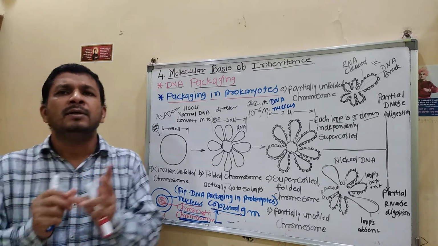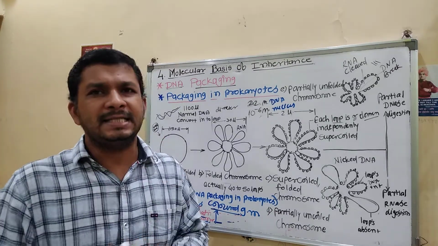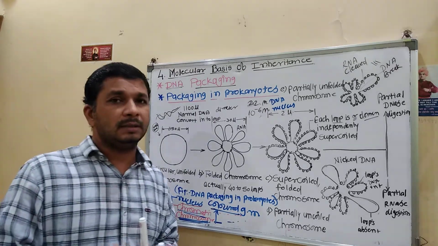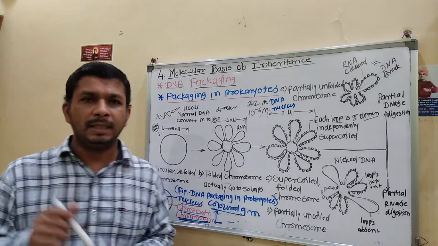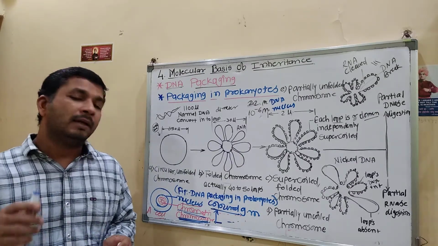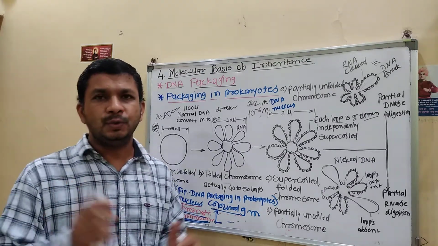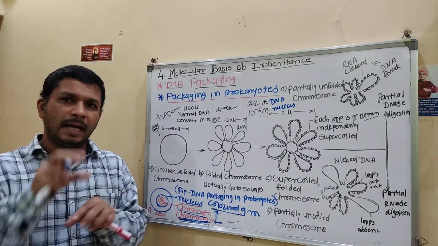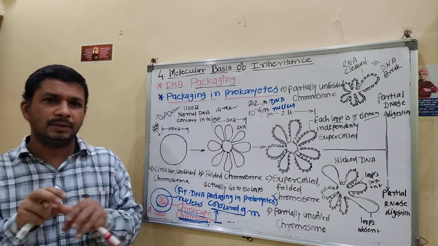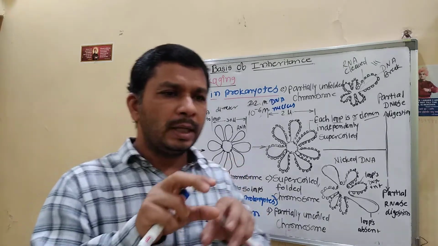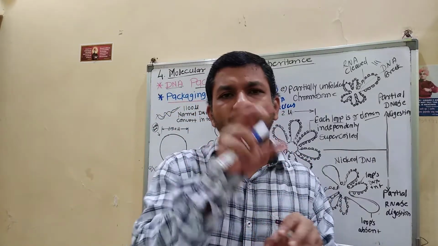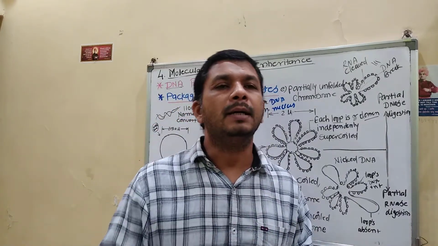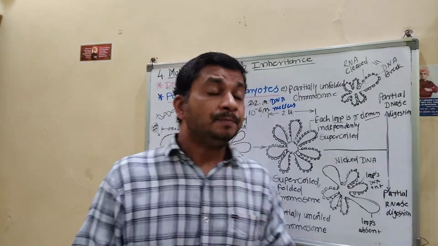Due to that, adenine, guanine, cytosine and uracil are arranged very systematically in our double helical structure, right?